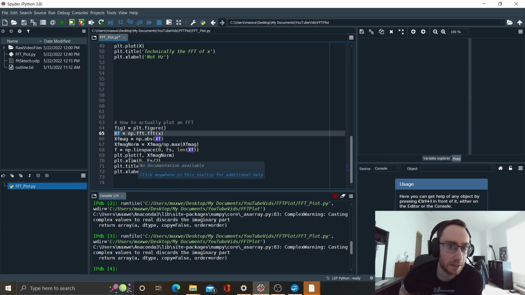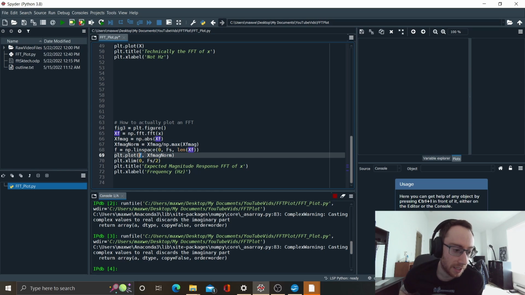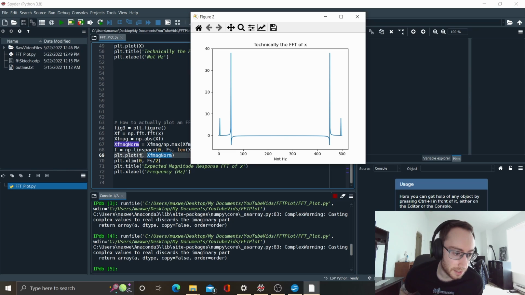Now we can just plot these two vectors together: the vector of frequencies and the scaled magnitude response of the Fourier transform. The Fourier transform values are now all magnitudes, so they're all real numbers. And we want to restrict our plotting window. We don't want to plot from 0 to 1000 hertz because this isn't really data of interest to us.